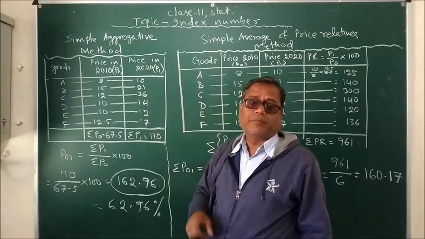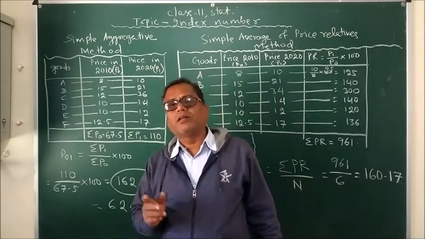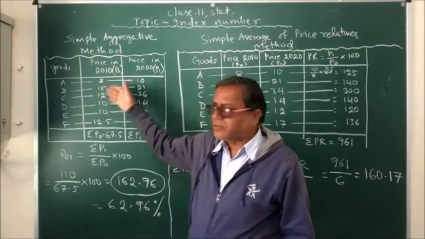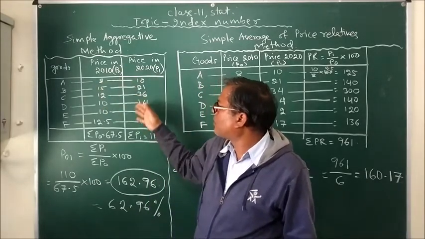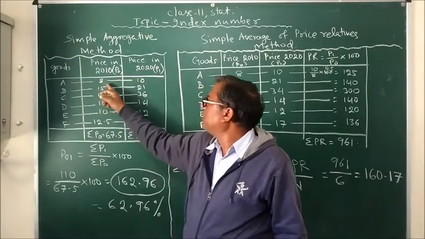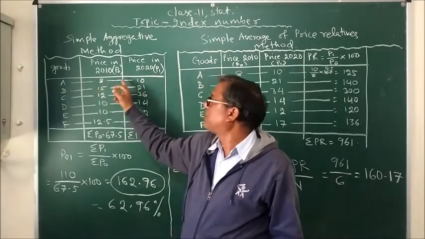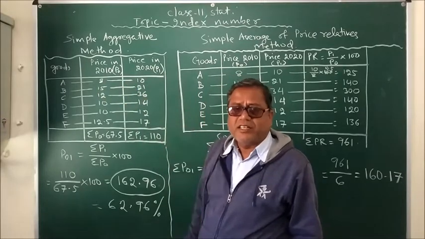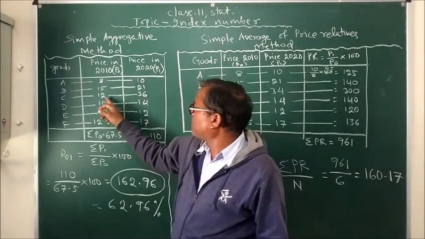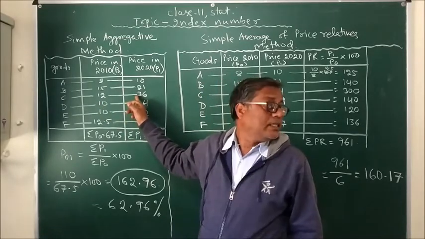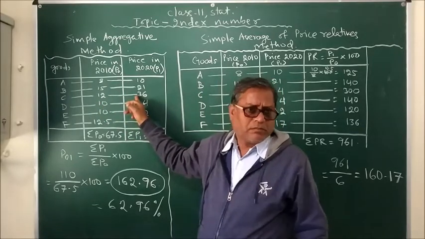These are the respective prices of all the goods. In some goods the price has increased marginally, but in other areas you can notice a 300% increase in prices.